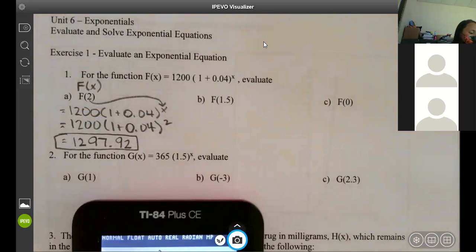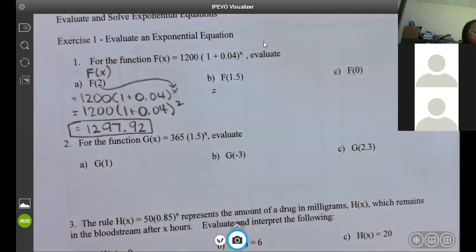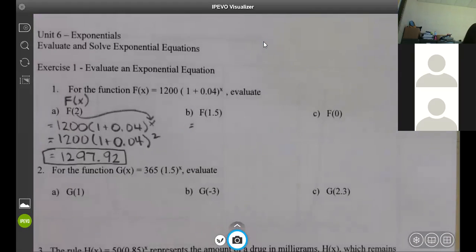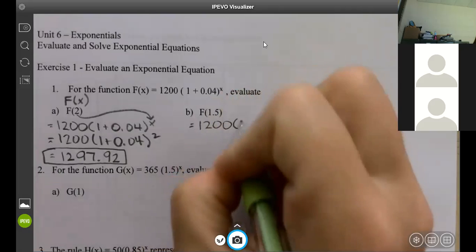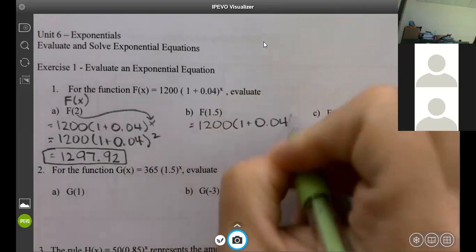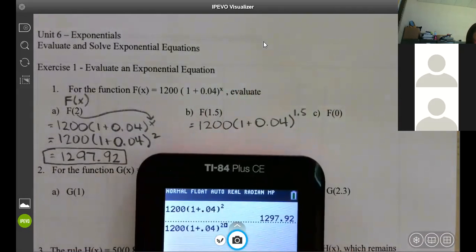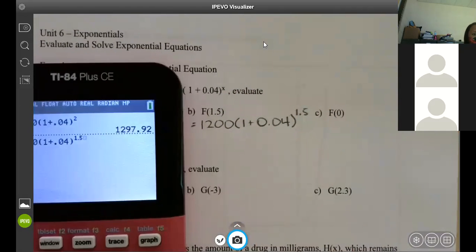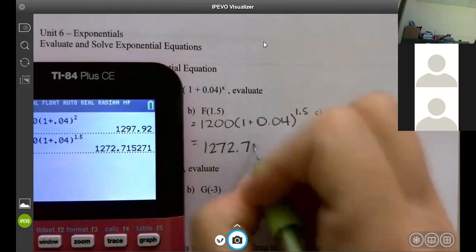It's really simple. If A told us to plug in 2, what does B tell us to do? Plug in 1.5. So we're going to do 1200 times 1 plus 0.04 to the 1.5. You can put that in your calculator, find your answer, and you get 1272.72.